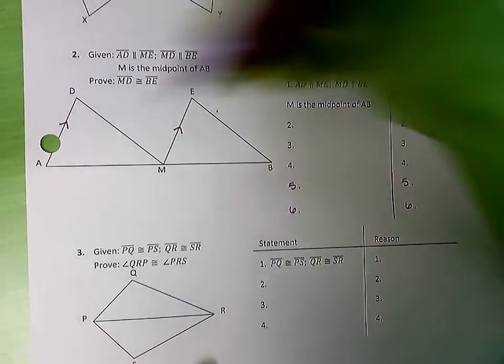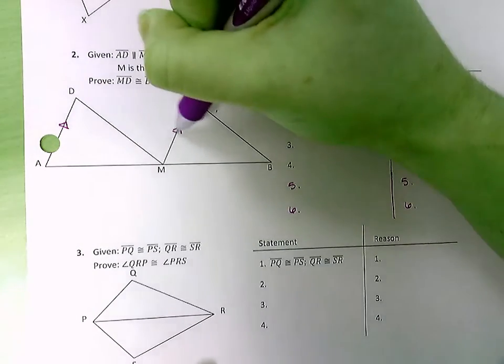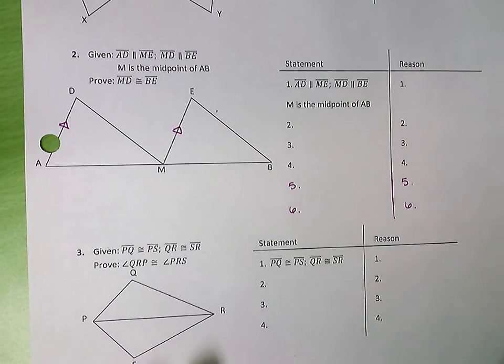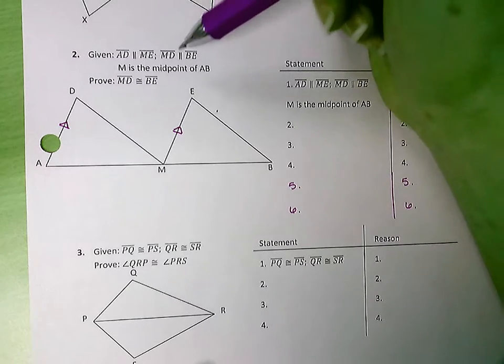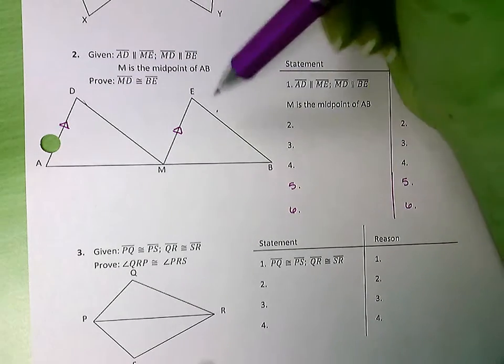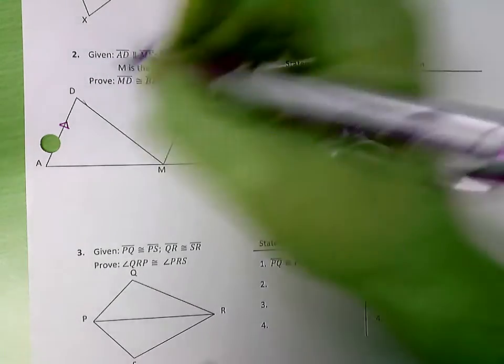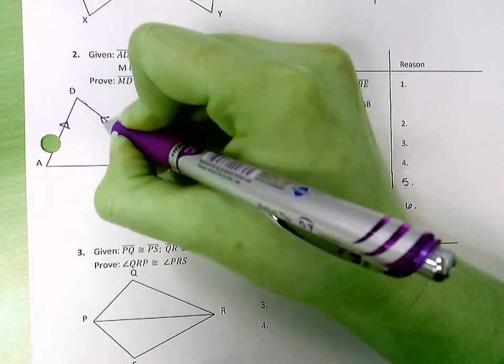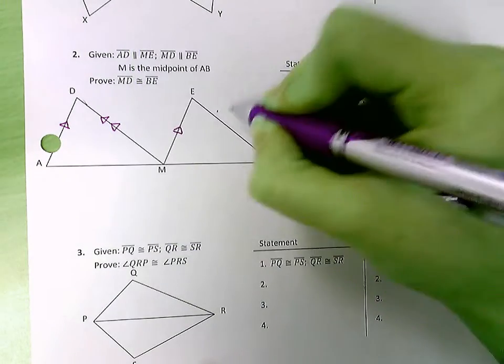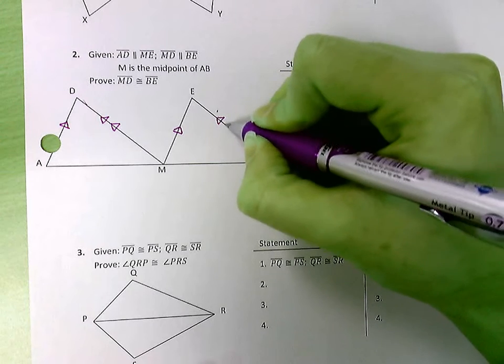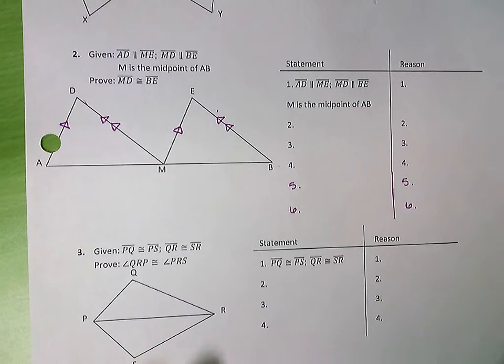I use my arrows to show that. I also have segment MD is parallel to segment BE. Again, I can add my arrows here to show they're parallel.